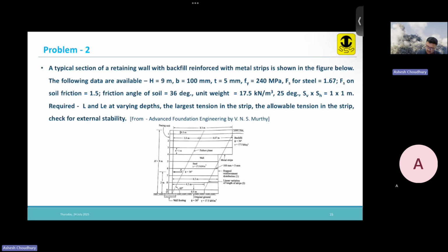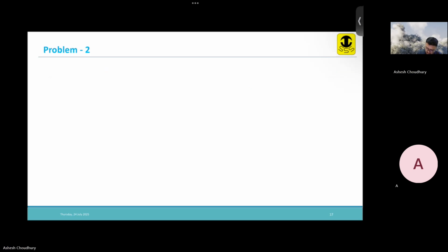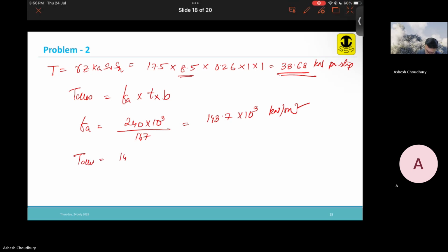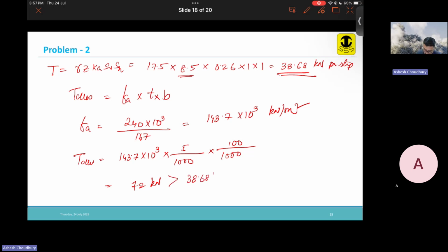So in kilonewton, I'll divide by 3. Then multiplying by the cross-sectional area, it will come out as 72 kilonewton. Now 72 kilonewton is the allowable tensile strength of one strip. So this is greater than 38.68 kilonewton. So it is okay. Okay.